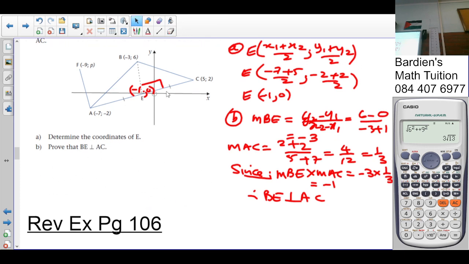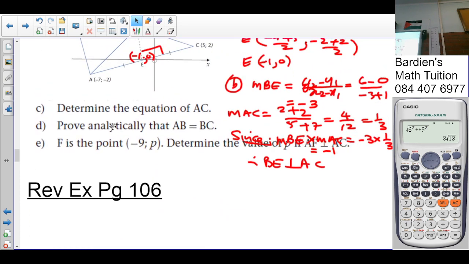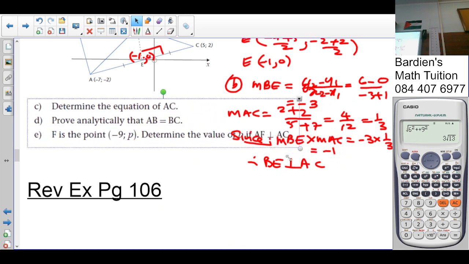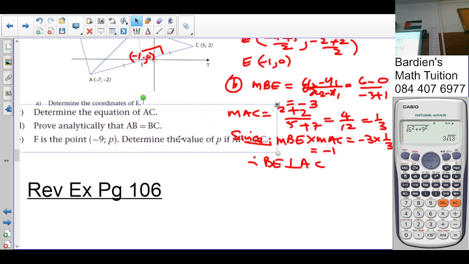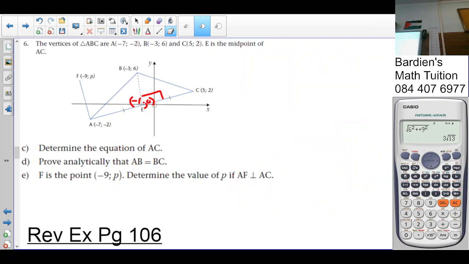Now in question C, it says, determine the equation of AC. So basically AC is a straight line, so the equation of a straight line will be in the form of y is equal to mx plus c.